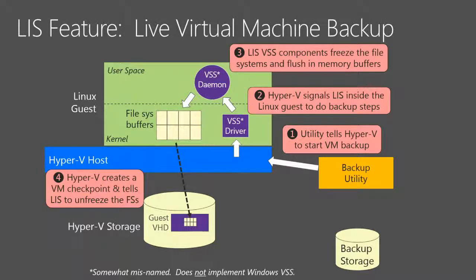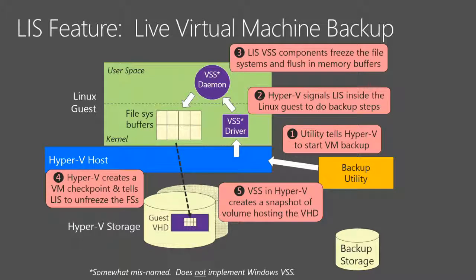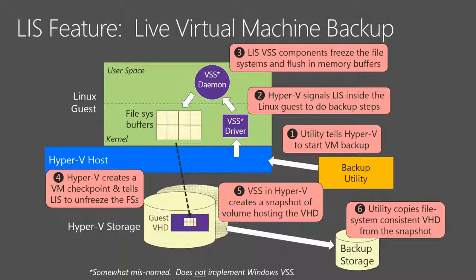And then Hyper-V creates a VM checkpoint and then tells LIS to unfreeze the file system. So you get this very short window where things are frozen between step 3 and step 4 while the buffers are being flushed. Now that the VHD on the disk is consistent, we take a snapshot of that VHD, and then we actually do the backup from that snapshot.